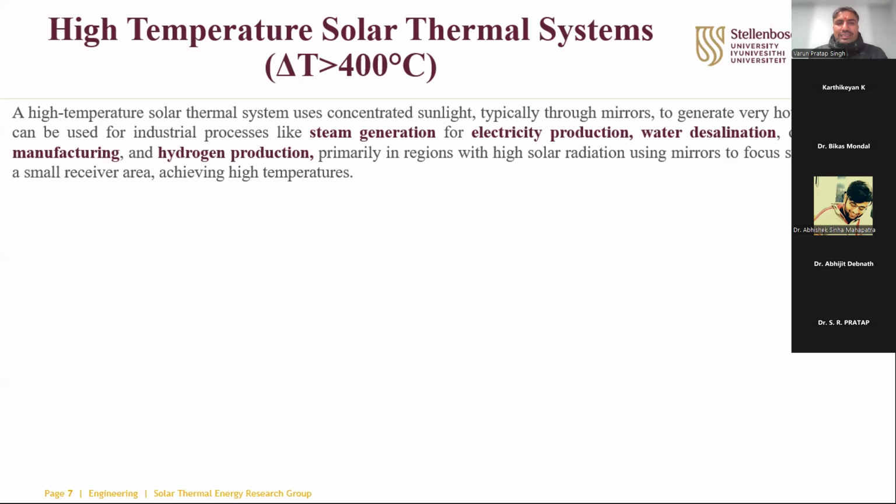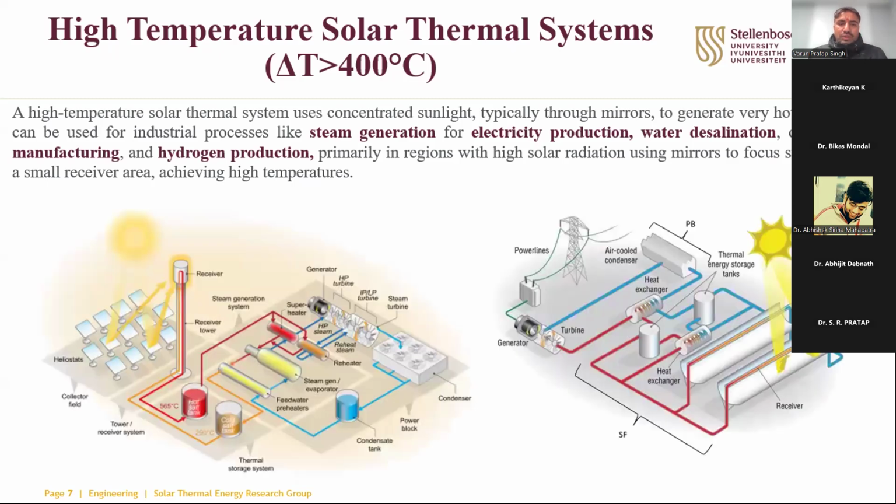For the last decade, I see many people working in this area, because hydrogen production and utilization is a catchy word nowadays, and most of the research funding is getting attention there. There are two major ways to use high temperature solar thermal commercially, which are viable and economical.